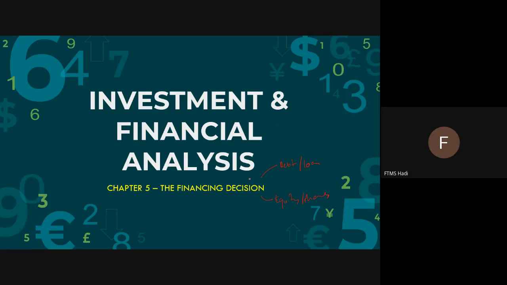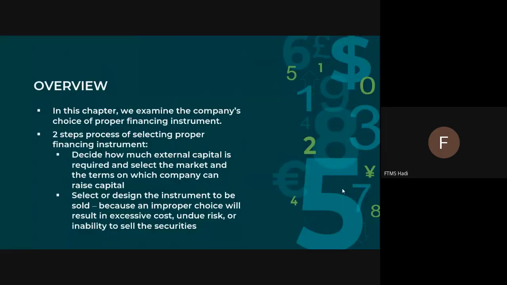So the company needs to decide whether they are going for the loan or for the shares. It's as simple as that. In the balance sheet, which you have seen many times, there are asset, liability, and equity. So the question is, was your asset financed by liability, or is your asset more financed by equity?